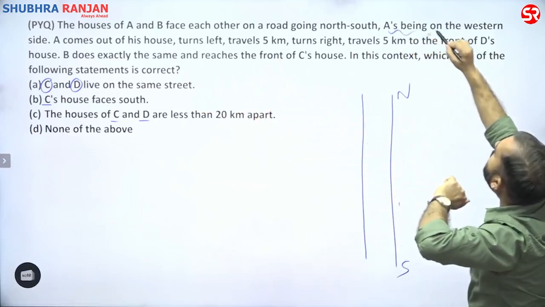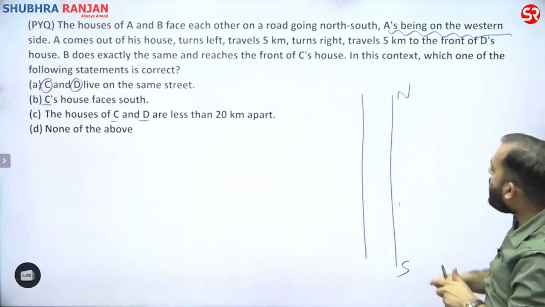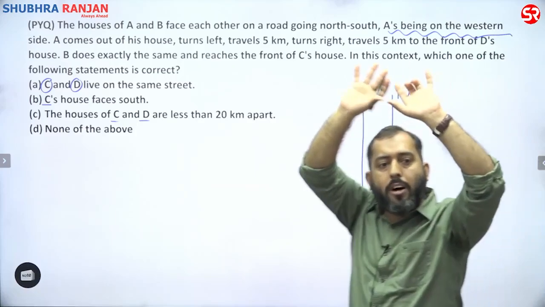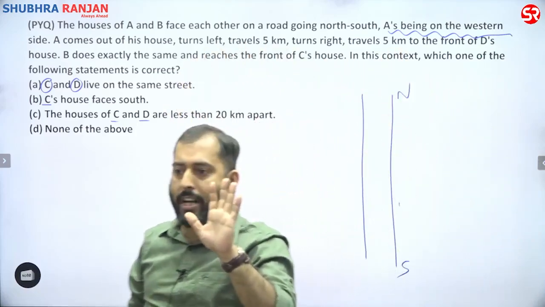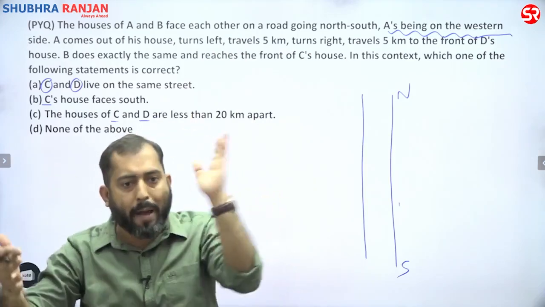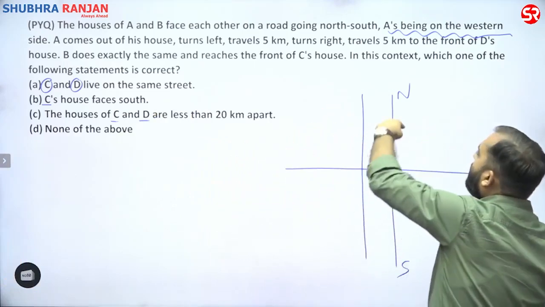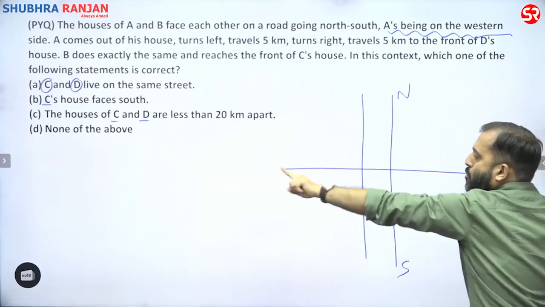A is on the western side. So I am taking that very first diagram as the reference diagram. Upward north, downward south, eastward forward east and backward west. So if this is north, this is south, then this has to be west.